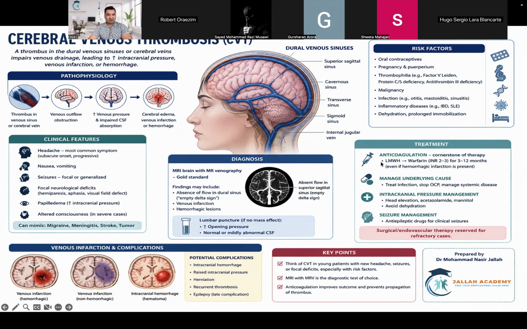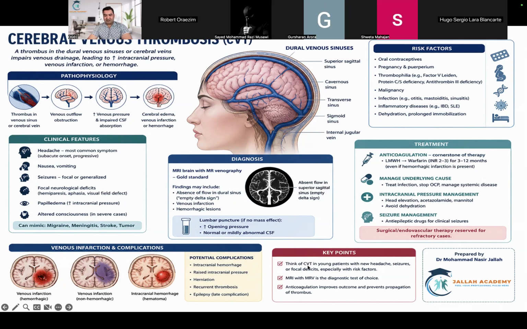Manage underlying causes, whether it is infection or OCP; if it is OCP, stop it. If it is systemic disease, treat it. Intracranial pressure management: head elevation, acetazolamide, mannitol, avoid hydration, like every other intracranial pressure that we manage. Seizure management: anti-epileptic medication.